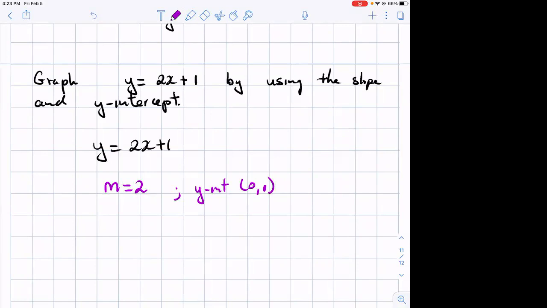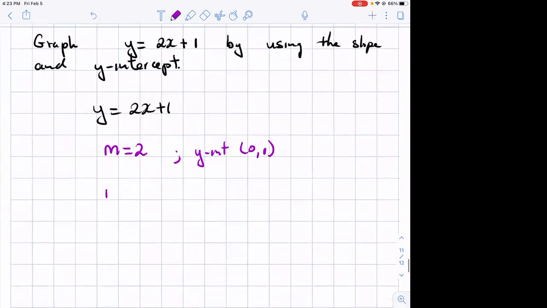Now, 2 can be written as 2 over 1, right? That's the same as 2. And the reason is because m, which is called the slope, is the same as rise over run.